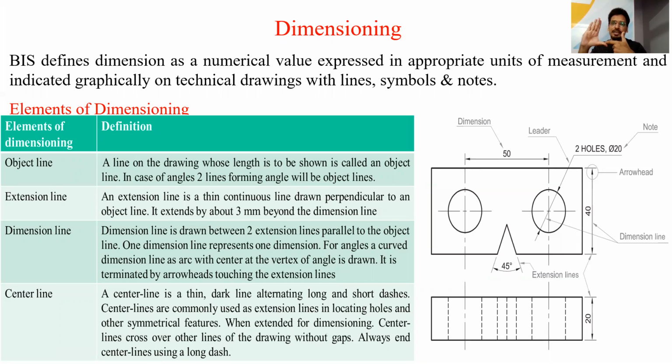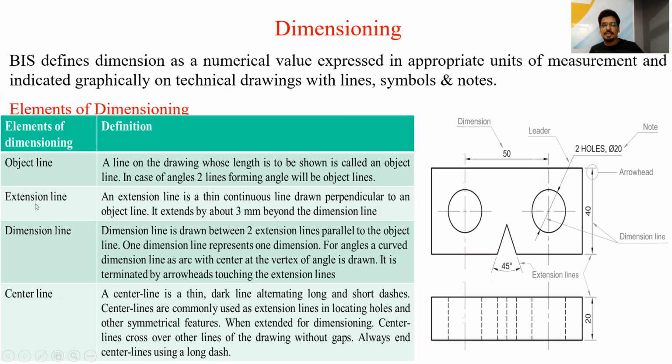So these are the object lines, and we have to indicate the angle with respect to these two lines. For example, in this drawing, if we have to show the angle between this line and this line, these are the object lines. So object line is the line whose dimension is to be written.